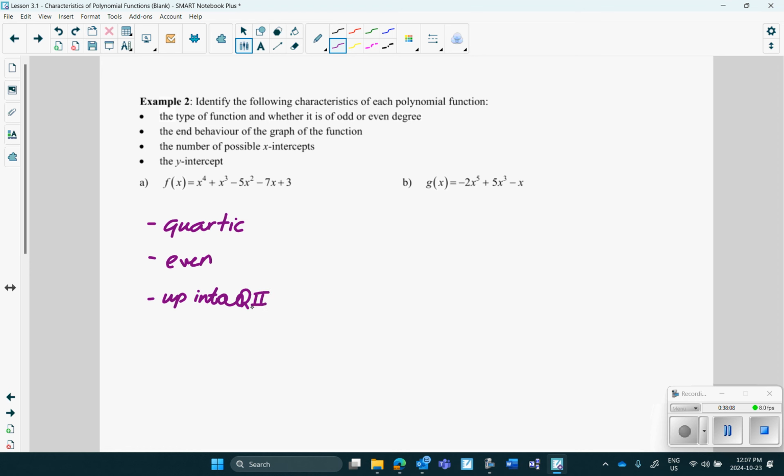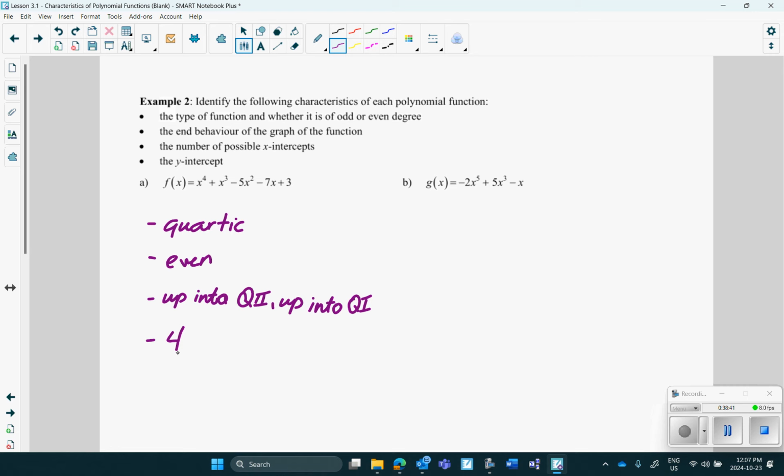Up into Q1. The highest number of x-intercepts it could have. 4. It's always the degree. I don't know if this one specifically has 4. We'd have to graph it to see.